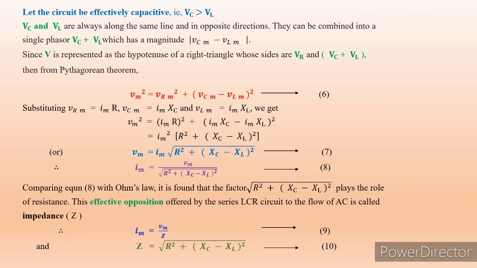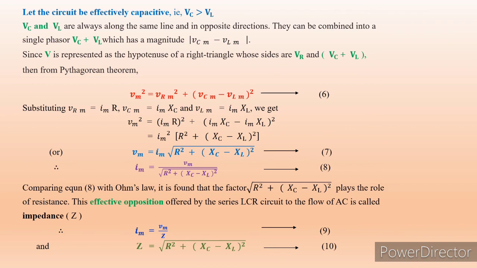They can be combined into a single phasor VC plus VL, which has the magnitude of modulus of VCM minus VLM. Since V is represented as the hypotenuse of a right triangle whose sides are VR and VC plus VL, then from Pythagorean theorem, Vm square is equal to VRM square plus VCM minus VLM whole square. This is equation 6.